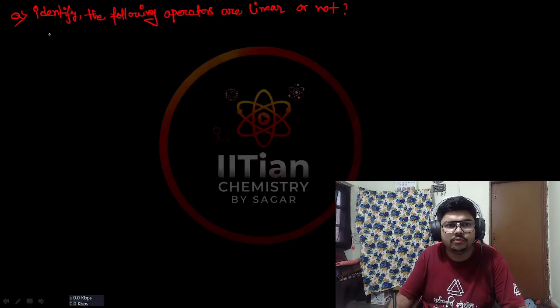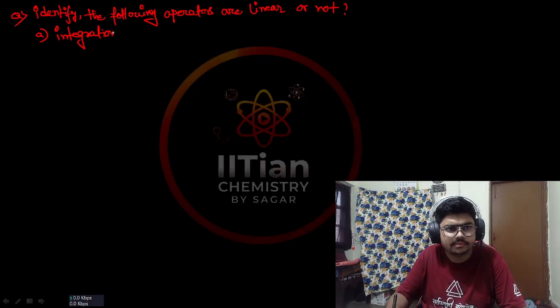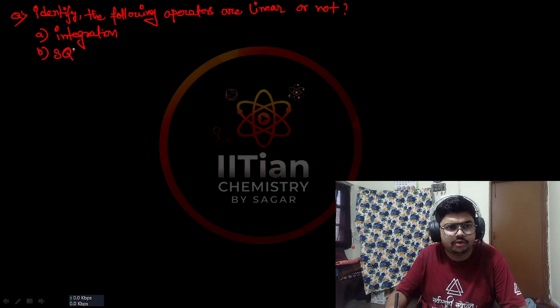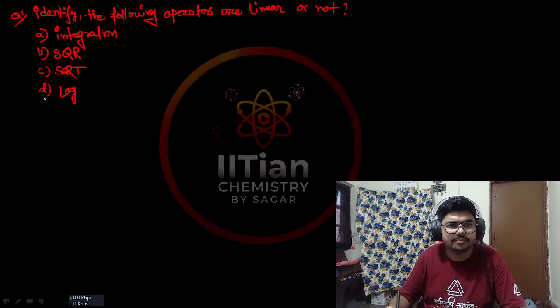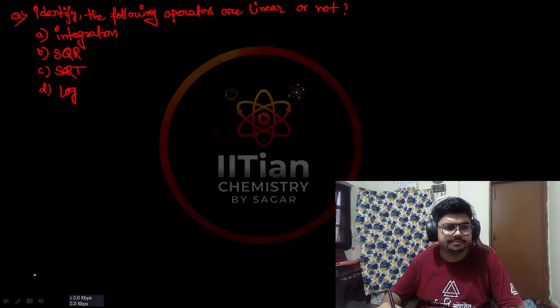I will be giving you 4 options. A, integration. B, square root. C, SQR means square. SQRT means square root. D means log. These are 4 operators. Are they linear operators or not? You have to just check.